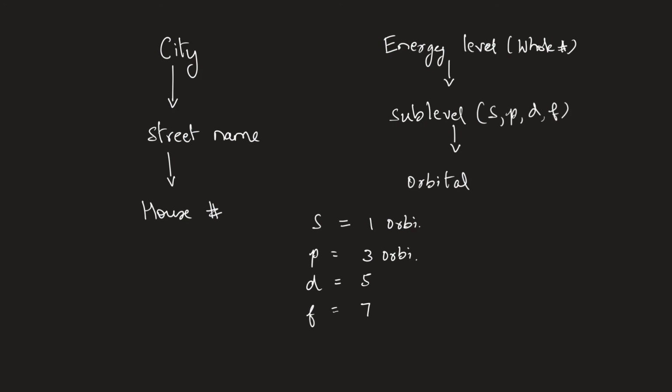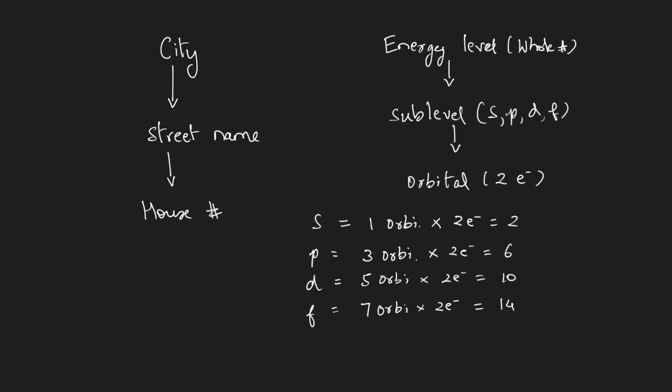Now, one cool thing about an orbital is that no matter which sublevel it's on, it can only hold 2 electrons. So 1 orbital times 2 electrons, 3 orbitals times 2 electrons, 5 orbitals times 2 electrons, and 7 orbitals times 2 electrons, which gives you a total of 2, 6, 10, and 14.